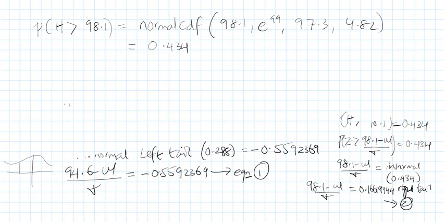Here I'm finding the probability that the height is more than 98.1, because the question is about this. Any plant with a height greater than 98.1 is considered ready to harvest. So I try to find that probability first. Is this okay?